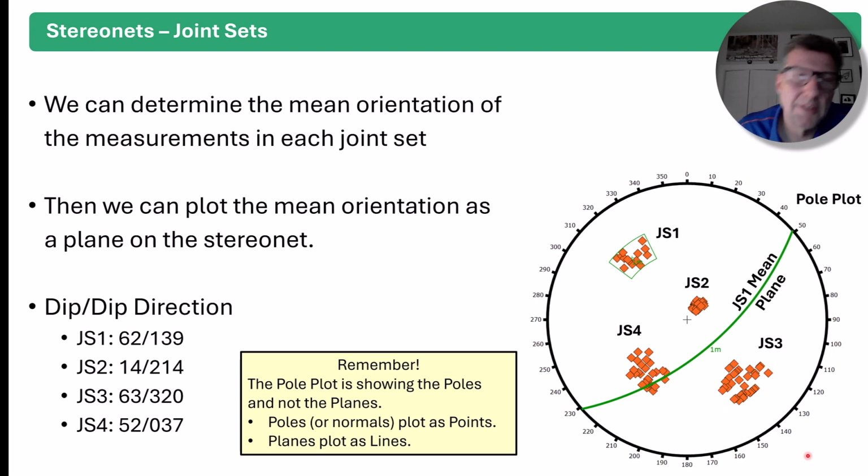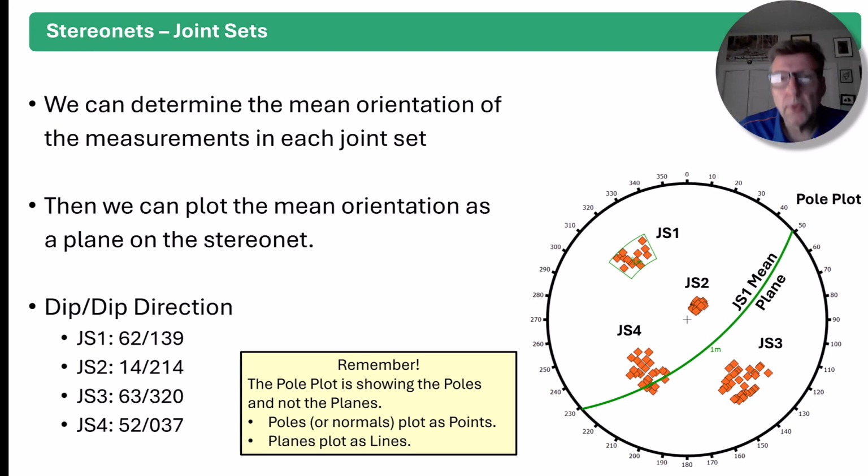Okay? Remember, though, this, right, all of these points are poles or normals to the plane. And so the mean plane is going to be 90 degrees to the poles. And so joint set 2, we can see over here, has a very shallow dip of 14 degrees, okay, because it's 90 degrees from here.